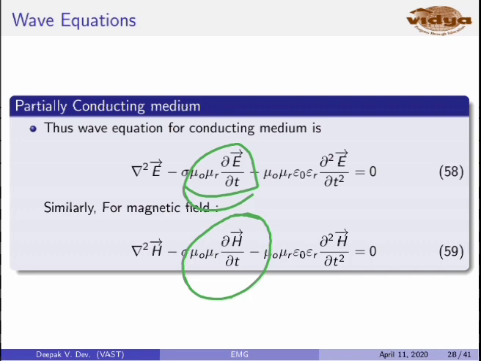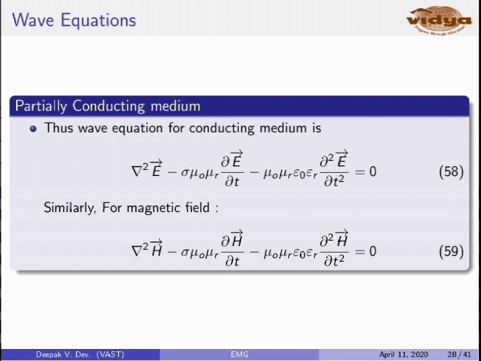Okay, so if the term sigma is dominating in this equation, then the wave does not advance much into that medium. That we can infer from these two equations. These two equations are in the differential form.